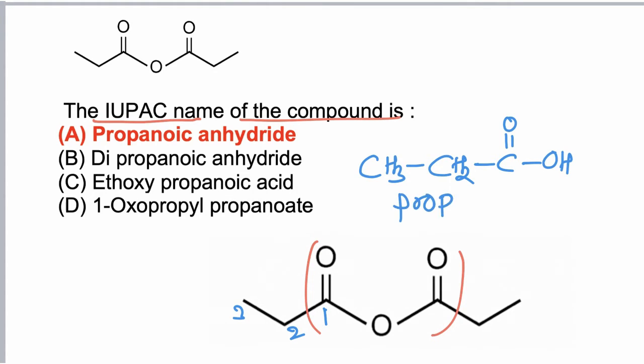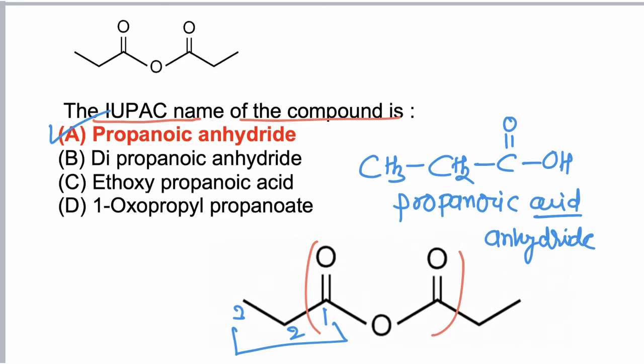So it is propanoic acid. Now remove the term acid and add anhydride. So the name of the anhydride is propanoic anhydride. If both acids are the same, then you have to write the name of only one. If there are 2 different acids, then we have to write the names of both acids.